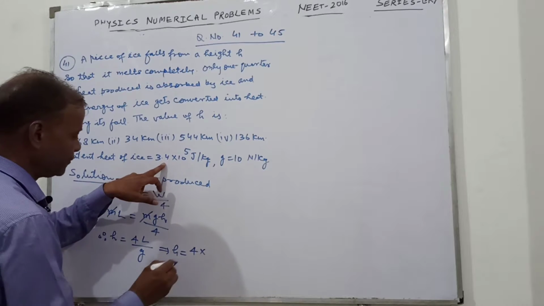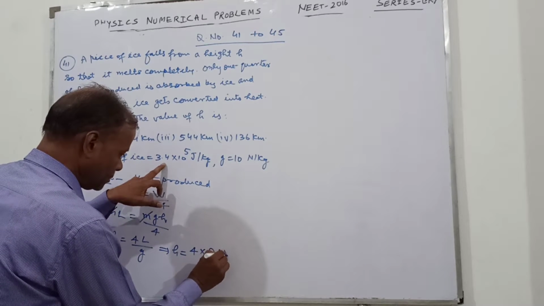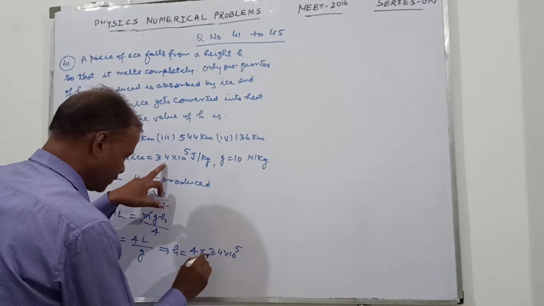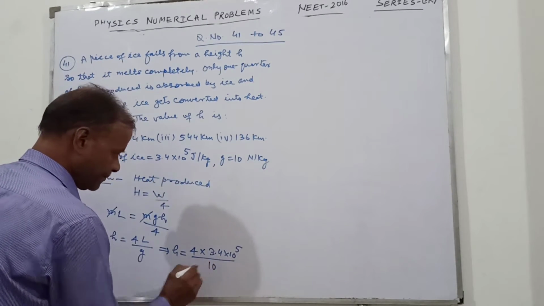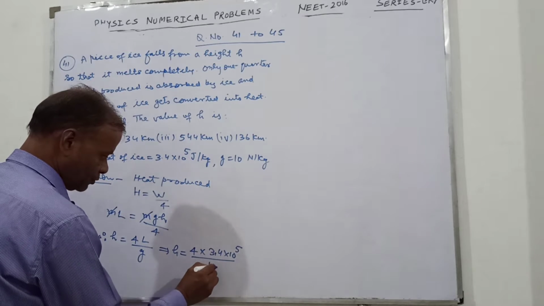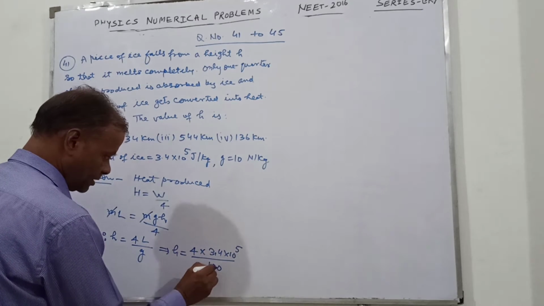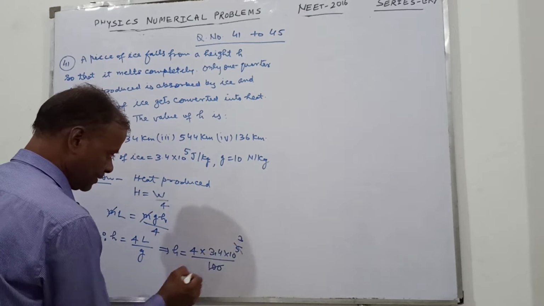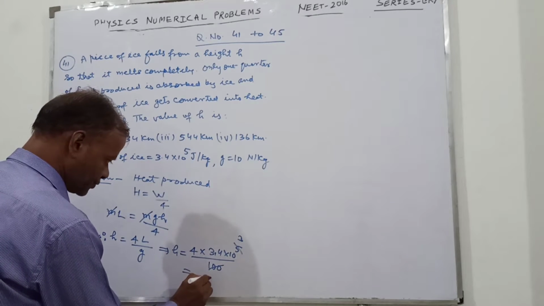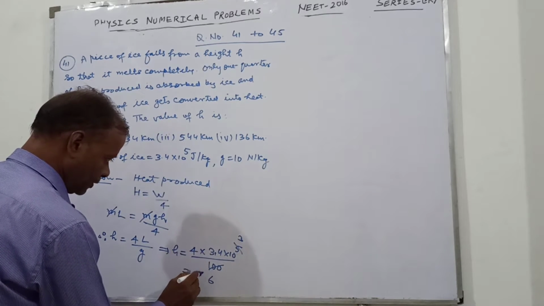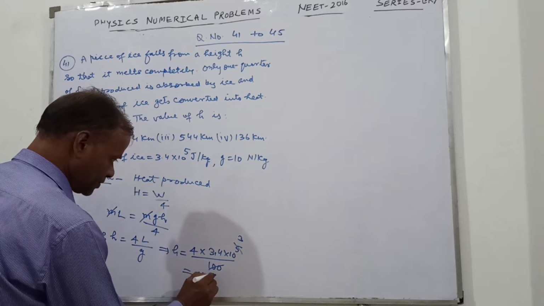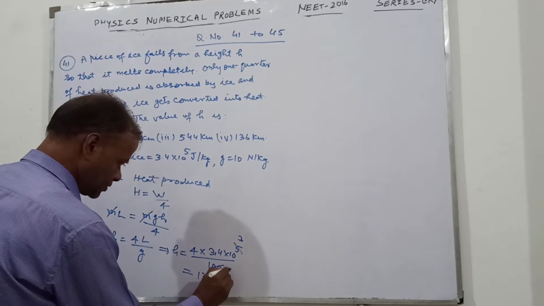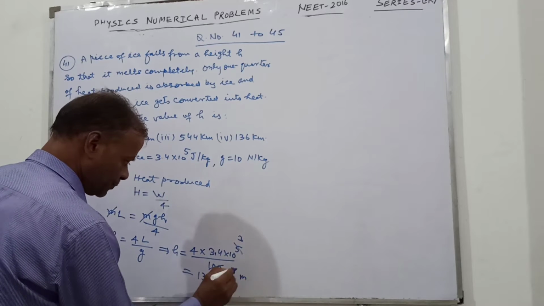This is given 3.4 into 10 raised to the power 5 upon g, which is given as 10. So removing this 0, this is now 10 raised to the power 3, and this is now 136 into 10 raised to the power 3 meter.